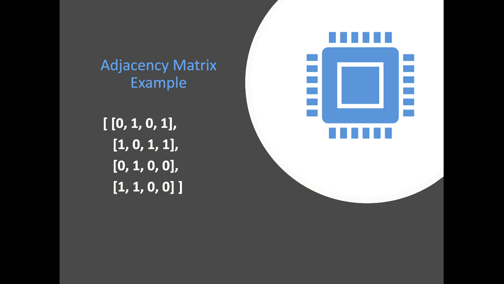This is very easy to implement. So graphs can be represented as an adjacency matrix like this, and this is very easy to implement. And there is one drawback with this adjacency matrix, that it takes more space as shown in this example.